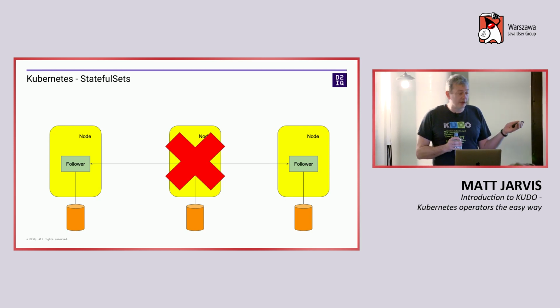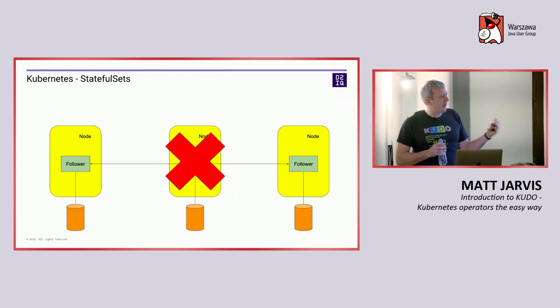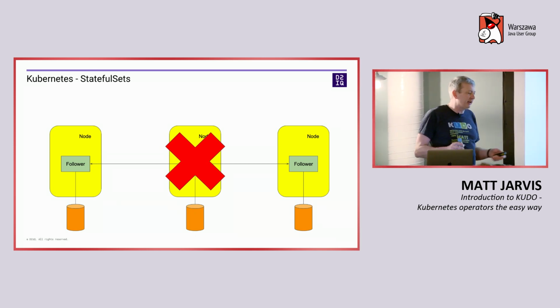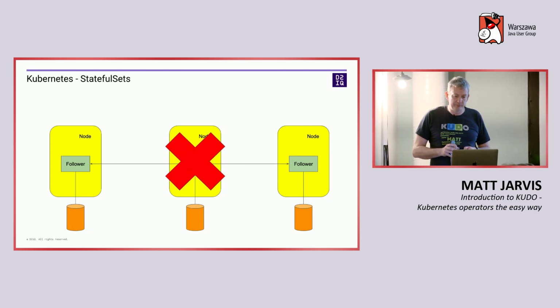And the answer is not very. And the point here is that the domain knowledge of how to safely upgrade our fictional database cluster isn't captured in this concept of stateful sets. So how do we automate and package that knowledge up of how to do those things?